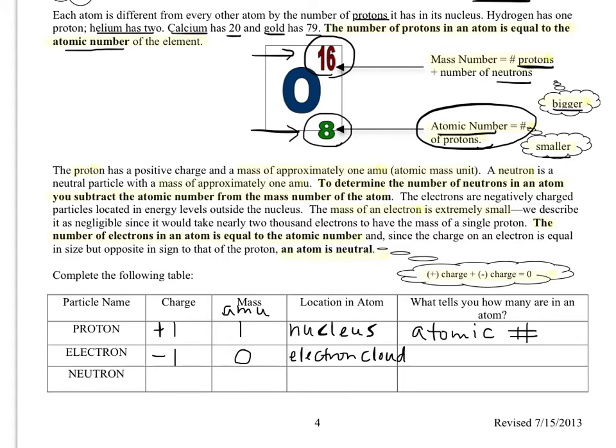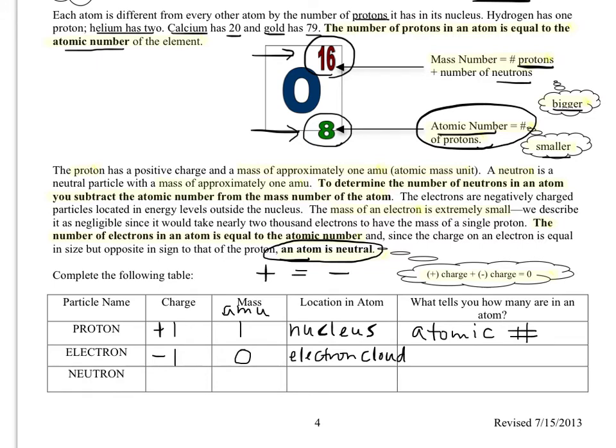Okay, and for our purposes, for the extent of this packet, the number of protons and the number of electrons should be equal. Okay, because we want to make sure that all atoms are neutral, meaning they have a charge of 0. That's what neutral means. Well, if you want to have a charge of 0, that means you have to have the same number of positives as negatives.